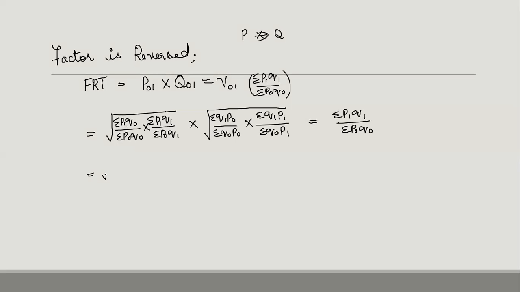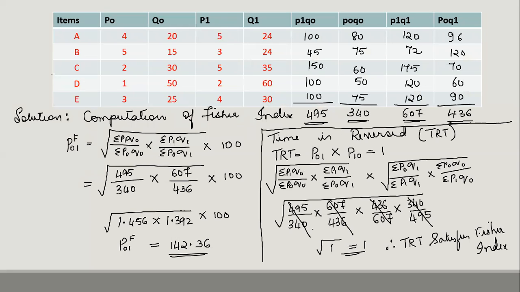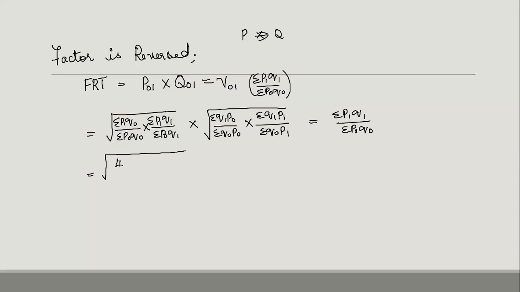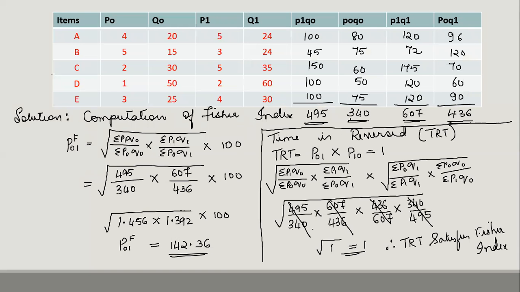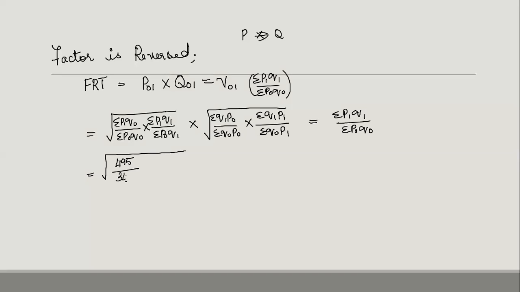That is equal to the square root of summation P1 Q0. What is the value? Summation 495. So 495 divided by P0 Q0, which is 340, into P1 Q1.